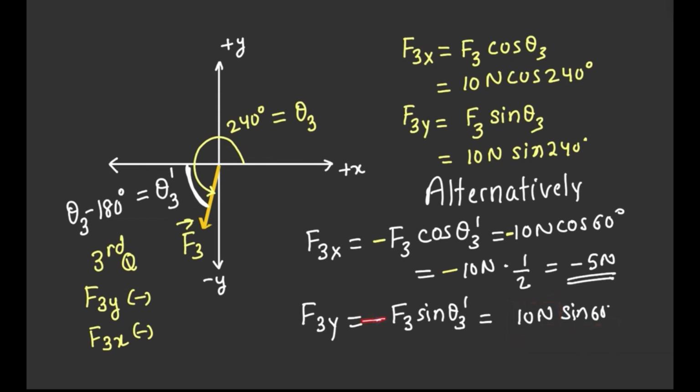That means we have to again put a negative sign here by hand. Let's go ahead and do that. So we put a negative sign here. What do we get? Minus 10 newtons times sine of 60 degrees, which is square root of 3 divided by 2. So f3y is equal to minus 5 square root of 3.